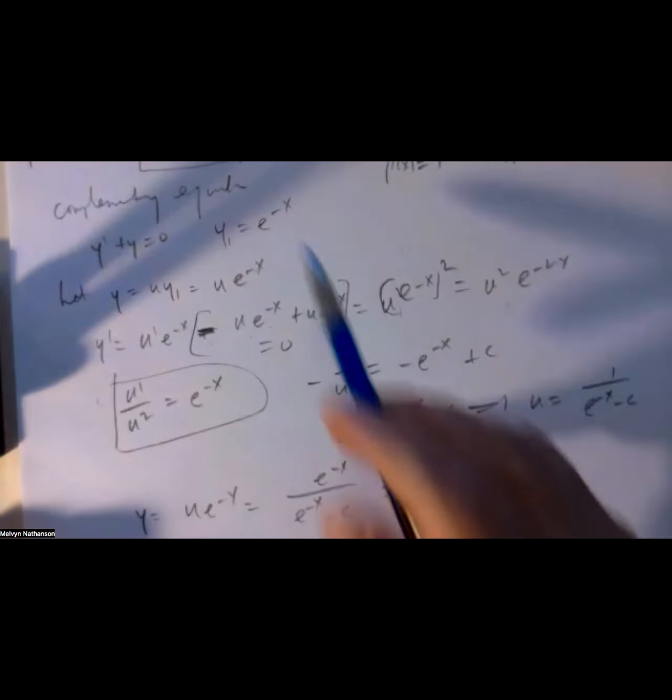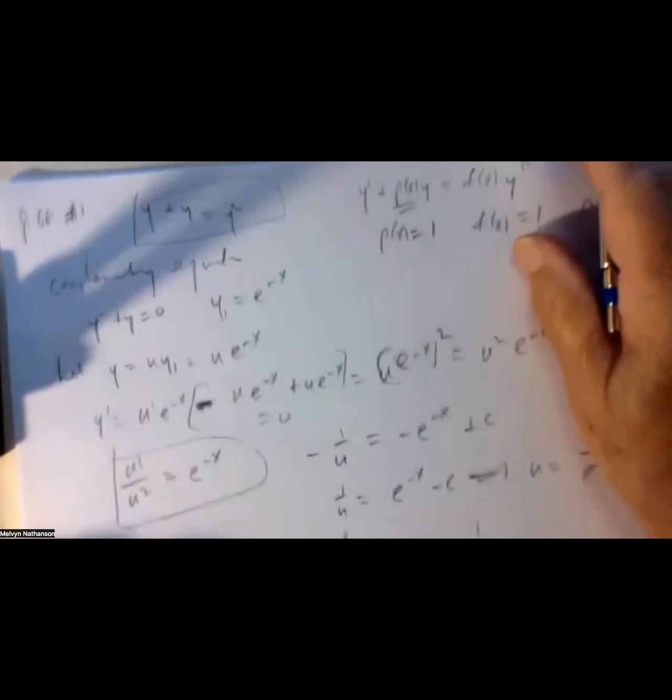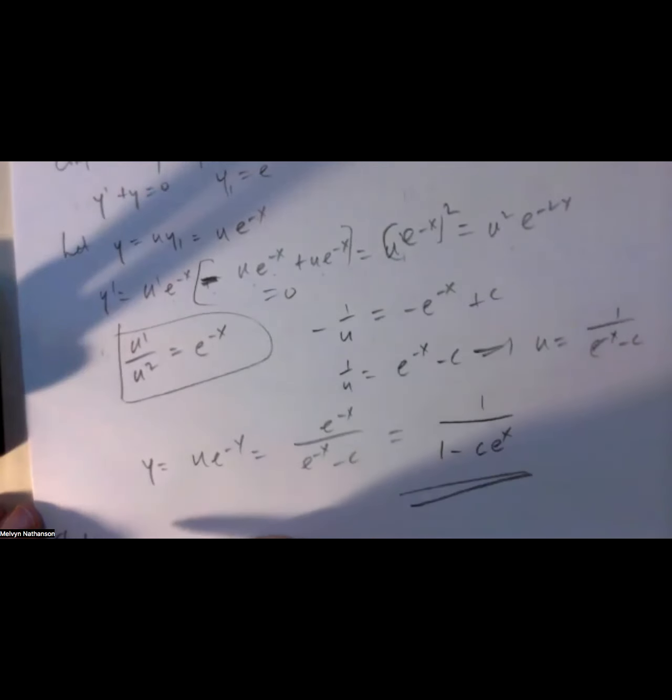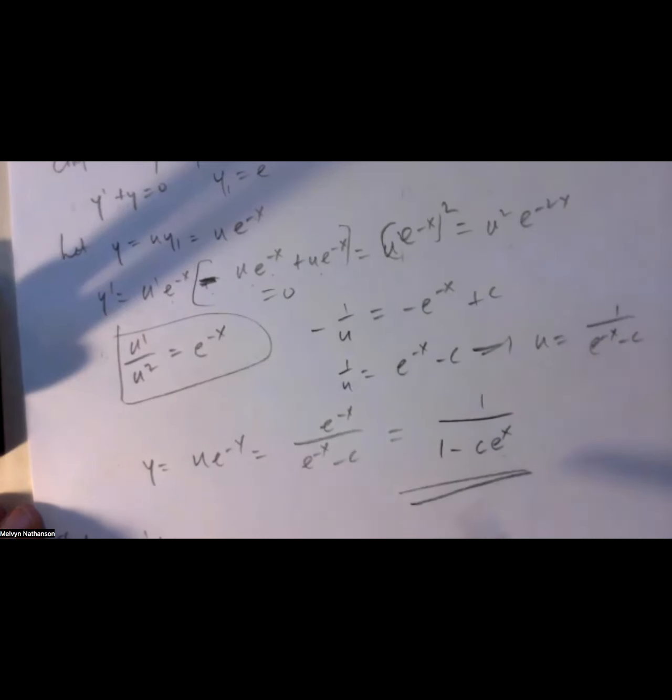Any questions about this? Let's just check. So this is supposed to be a solution of my differential equation. So y prime plus y, this is y. So if I differentiate this, this is (1 minus c e to the minus x) to the minus 1.